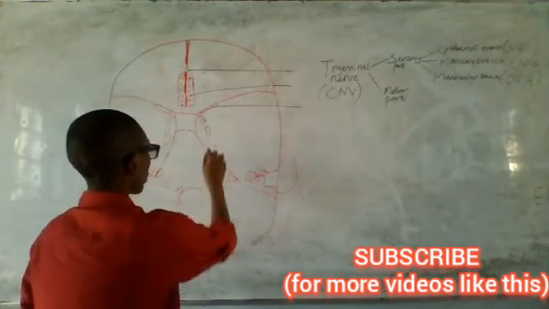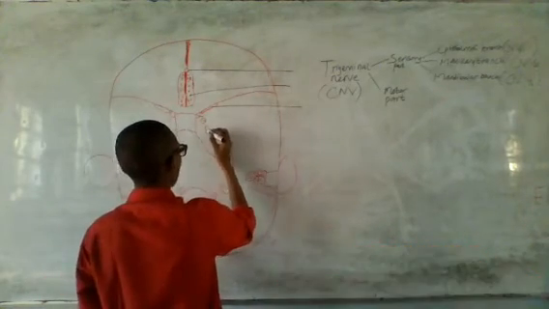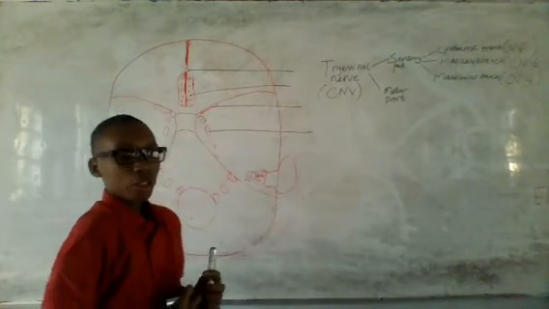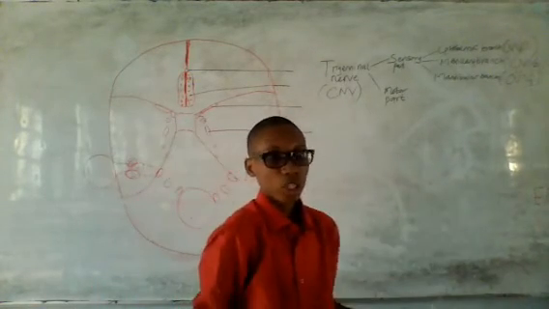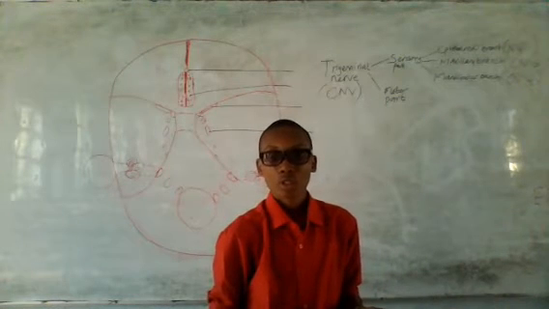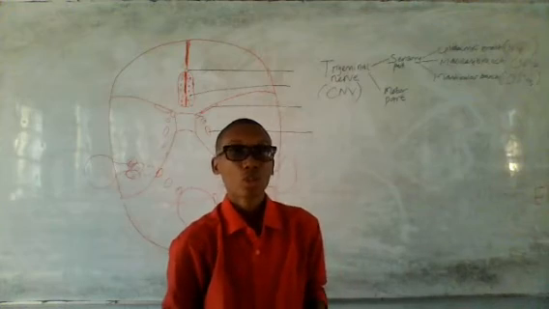The one we're discussing now is this foramen ovale, the oval-shaped foramen. There's one on the right, one on the left, so it's foramina ovale, but we're discussing just one. That's why it's called the foramen ovale.